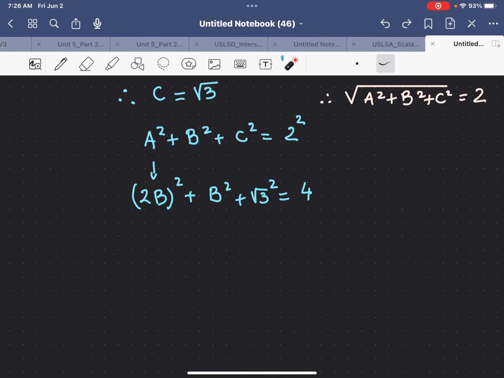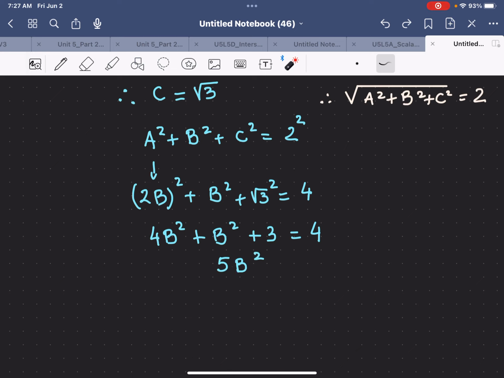So remember what we said before. We let c be a number, and the rest will follow based on whatever relationship exists between them. We know that a is negative 2b, so you substitute, and that can give us the value of b exactly. Continuing to solve this equation, we get 4b squared plus b squared plus 3, because the square root of 3 squared is 3, and that equals 4.